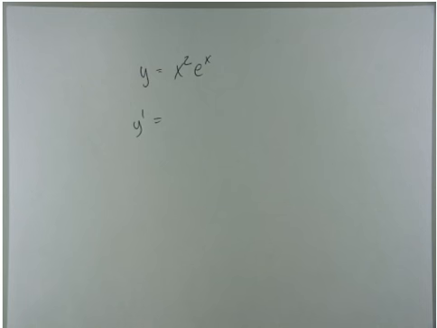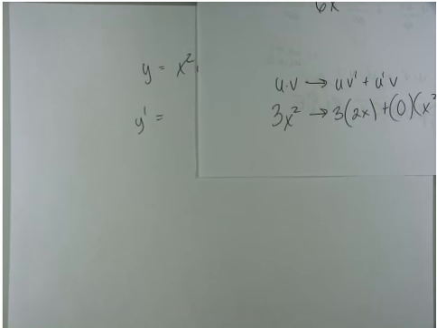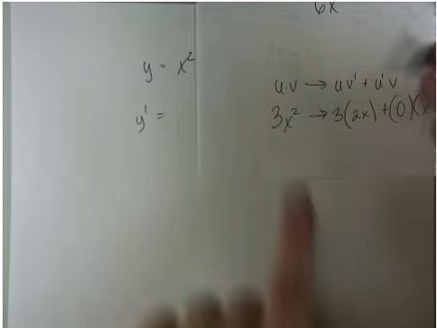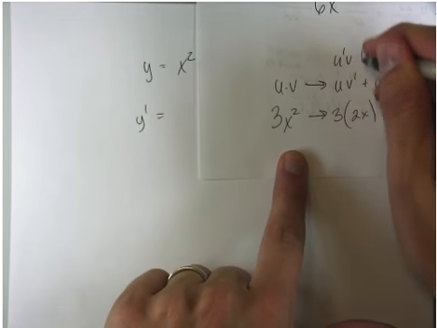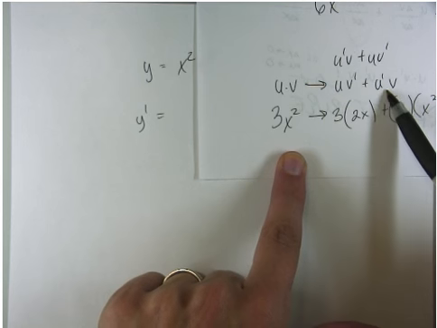And then the other part won't be changed at all, right? Remember, we're seeing uv go to uv prime plus u prime v. It doesn't really matter the order here, right? This is the same thing as u prime v plus uv prime. I could change the order however I wanted to.